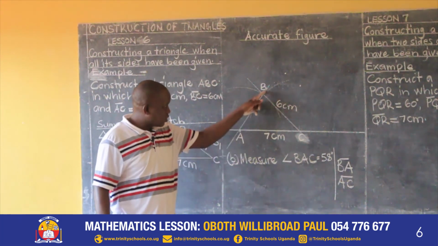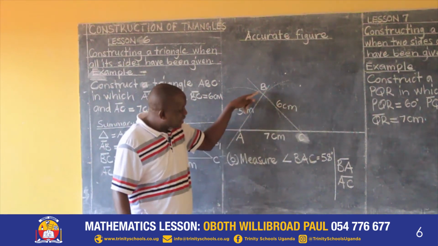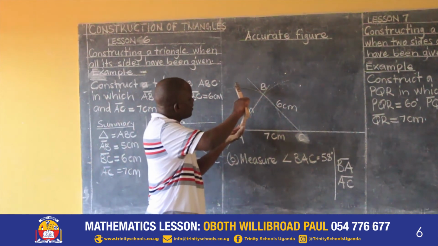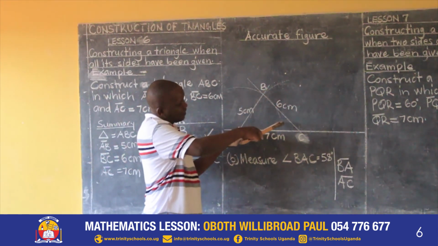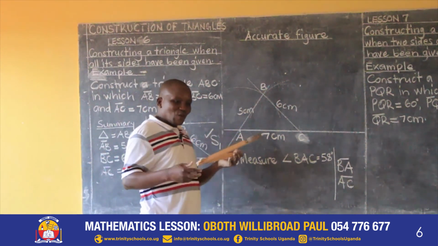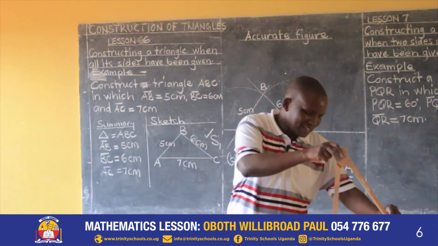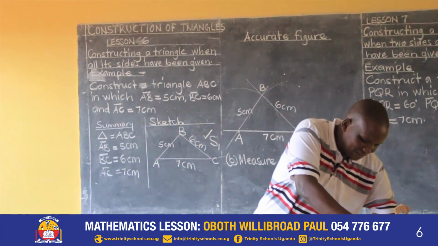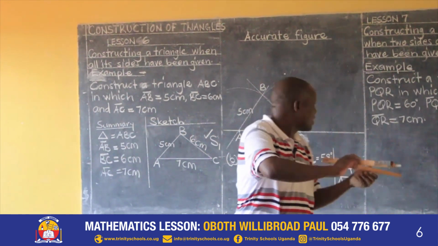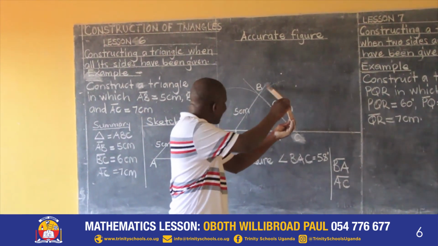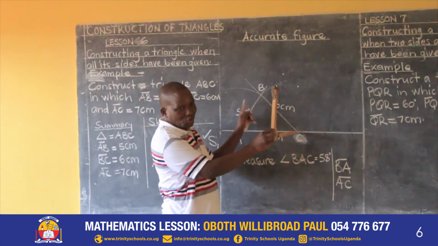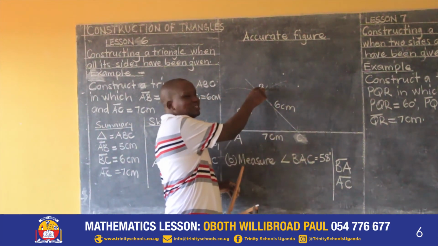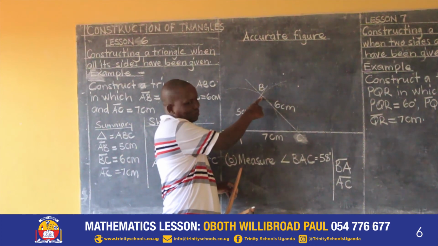Remember, these two lines were drawn after getting the arc. We first of all drew that arc. Then we measured 6 centimeters, and then came back and made another arc before joining. So where the two arcs meet, that is where point B is supposed to be.